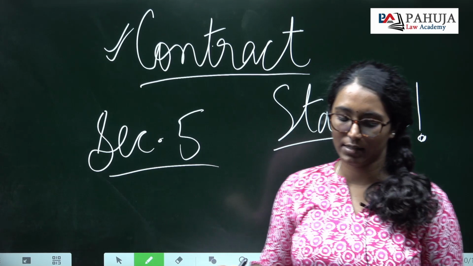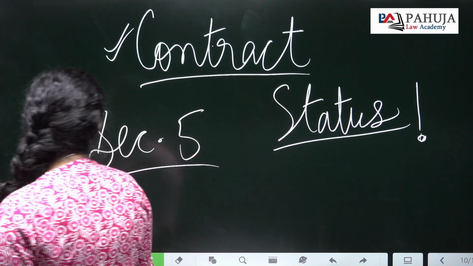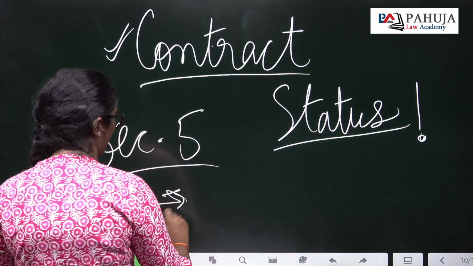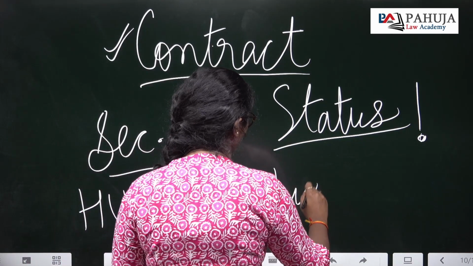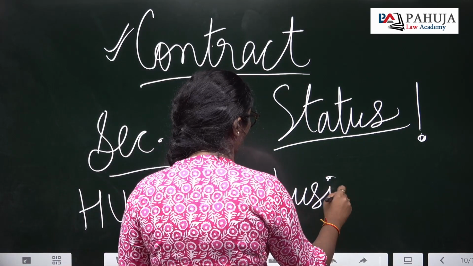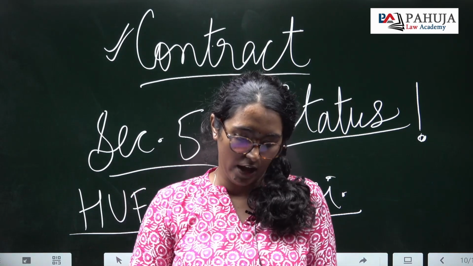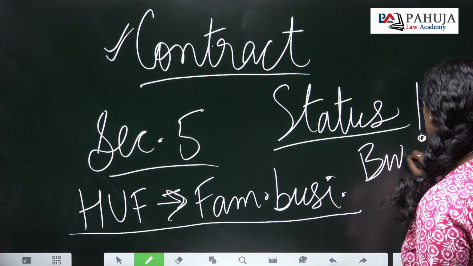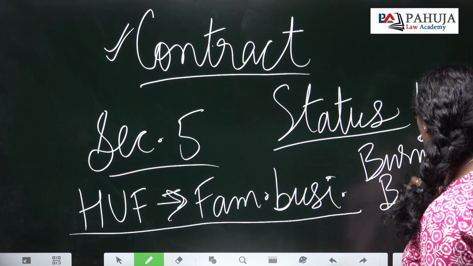And it further states that a Hindu undivided family carrying a family business cannot be partners, and a Burmese Buddhist husband and wife carrying on business. These are all the exceptions to the Partnership Act.